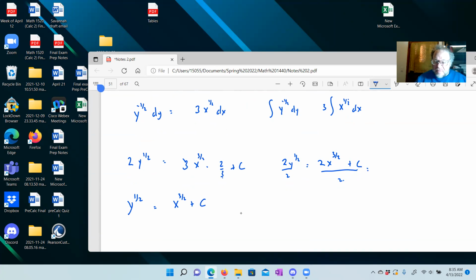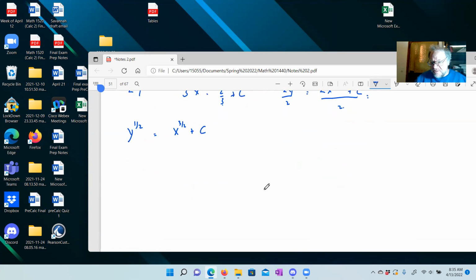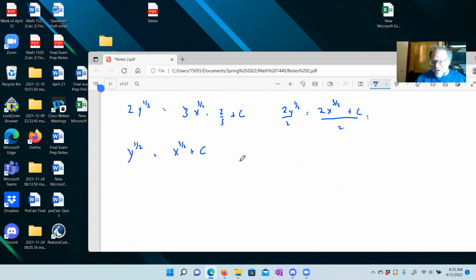This happens a lot in differential equations, where they take a lot of liberties with c. It just stays c if you multiply, divide, raise to an exponent, or take a logarithm. So we tend to do that rather than tracking c over 2 here.